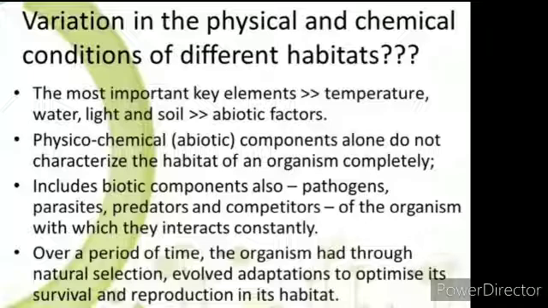The habitat includes biotic components also, like pathogens, parasites, predators and competitors of the organism with which they interact constantly. We assume that over a period of time, the organism had, through natural selection, evolved adaptations to optimize its survival and reproduction in its habitat.